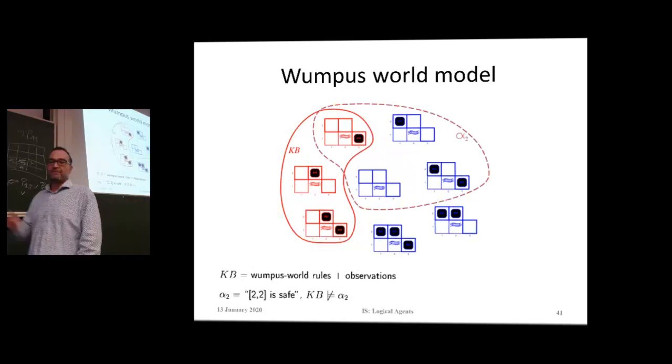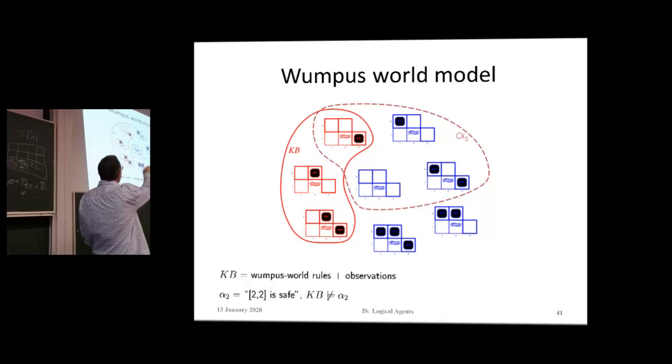Yeah? So if you have another example where, for example, we want to show that 2, 2 is safe, then we check which are the models for 2, 2 is safe, and these are the models where there is no pit. In all those 4, there is no pit.